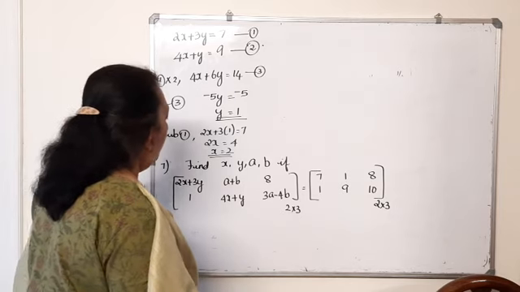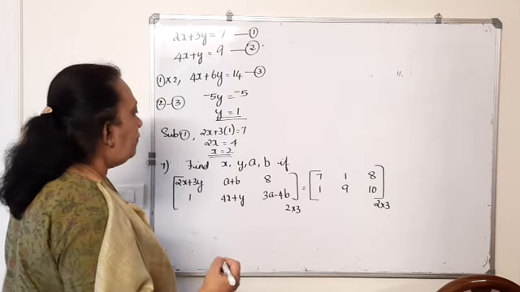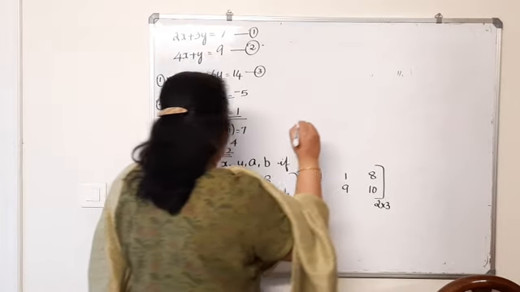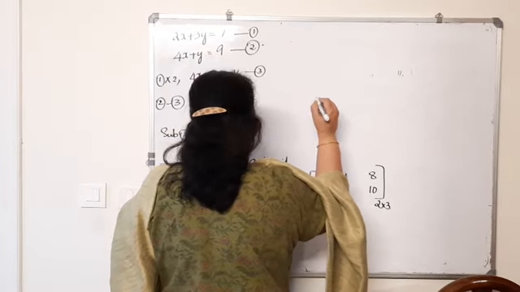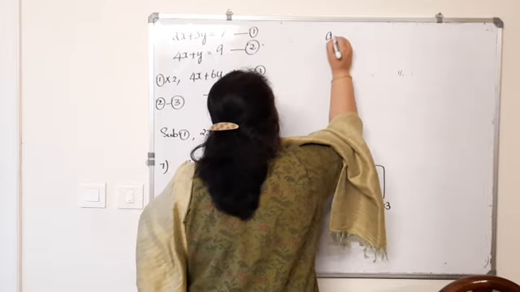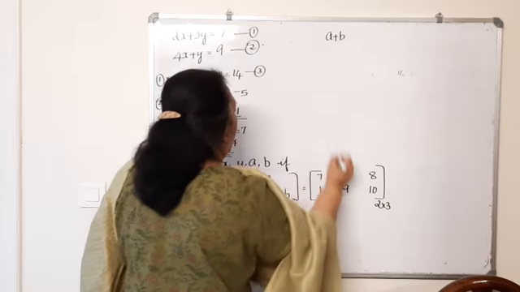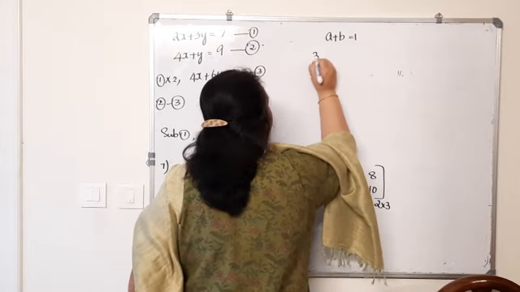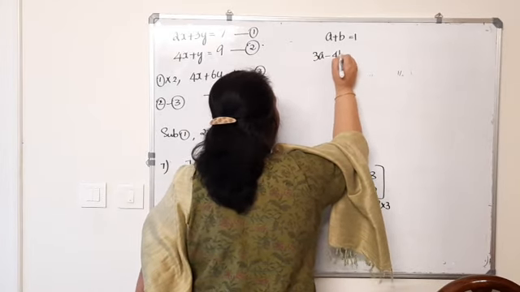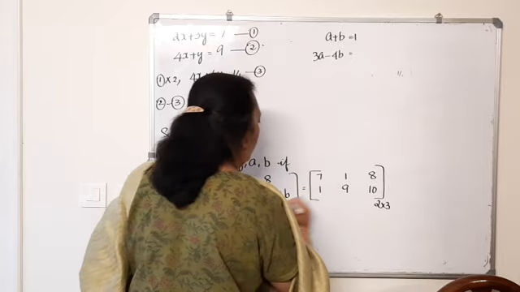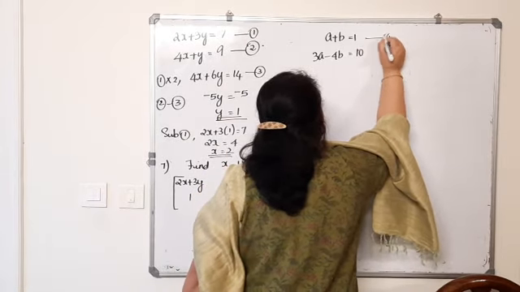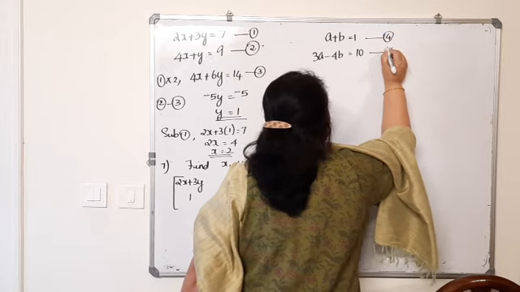Okay. Now you found the values of x and y. Now you should get the values of a and b. So you take the element a12, that is a plus b is equal to 1, and 3a minus 4b is equal to 10. Mark that as equation number 4 and equation number 5.